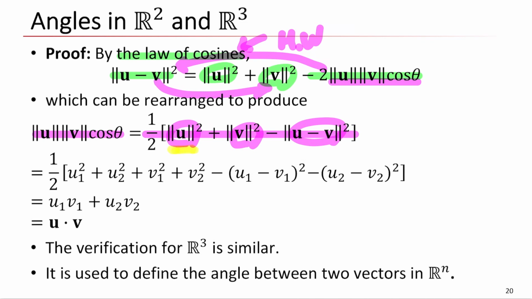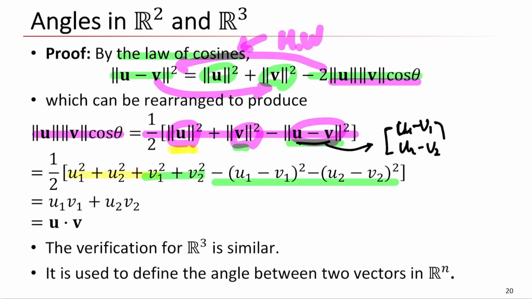Then what is this one? It will be something like this. Why? Because u minus v is a new vector defined as u1 minus v1, u2 minus v2, right? So this is the length of this one.